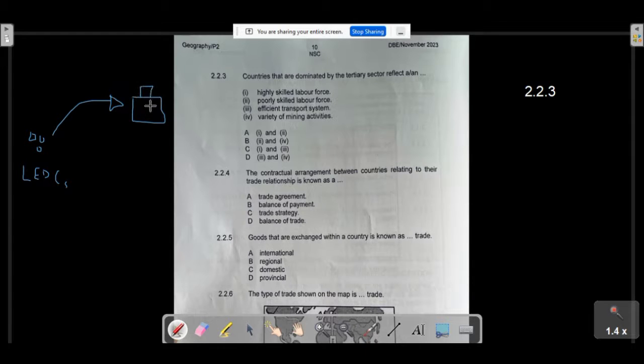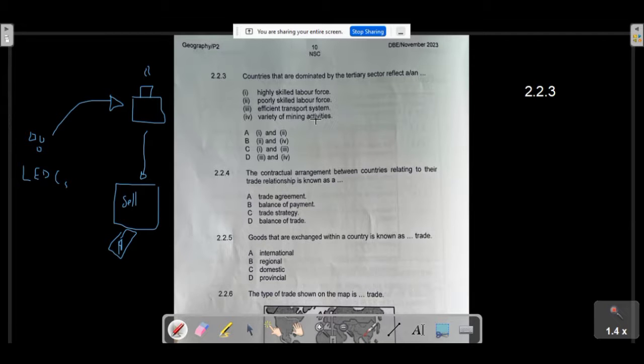Of course, and then what? Then they sell them, or provide services. So in this case, I was trying to draw a dollar there, but yeah, okay. So of course, they don't usually have a variety of mining activities. It is because they usually import these raw materials because they know there's more value there. They add value and then they sell that at a higher price. So I wouldn't say they have a variety of mining activities.